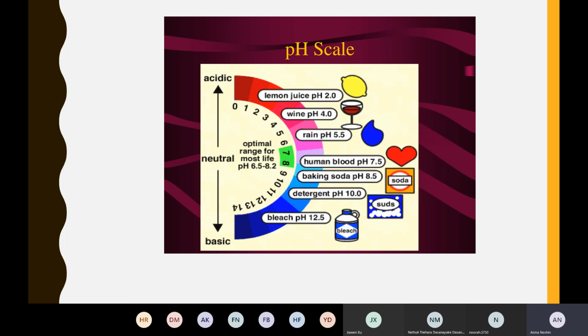What is the formula of water? What do we write for water? H2O. Okay. If we split it up, can we write it as HOH? Normally, in some places, it is written as HOH.